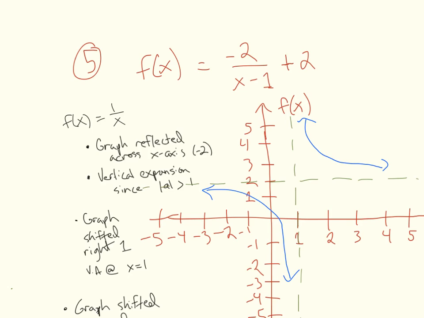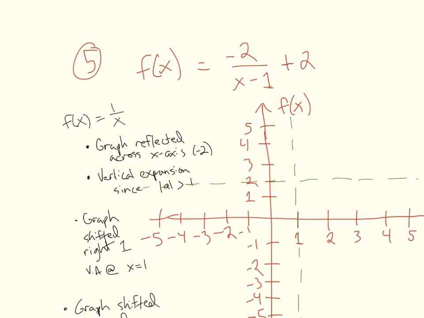But since our x-axis, actually our horizontal asymptote, if you will, remember it starts out here at f of x equals 0, it got shifted up to f of x equals 2, we're actually going to reflect my blue lines here, or the function itself, over that horizontal asymptote.